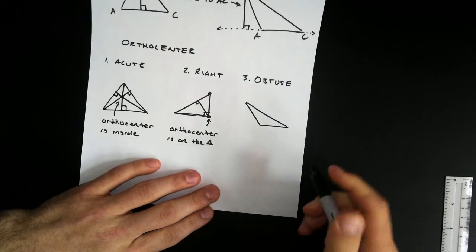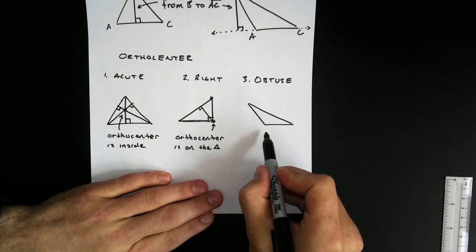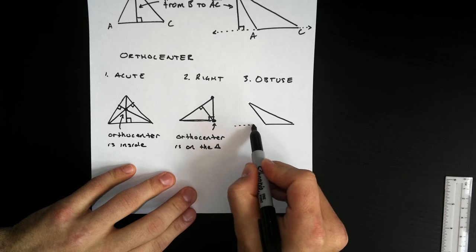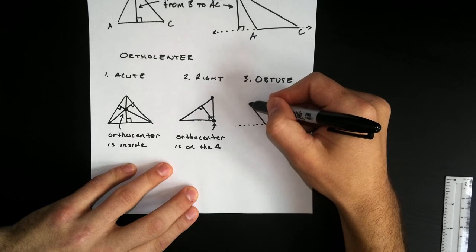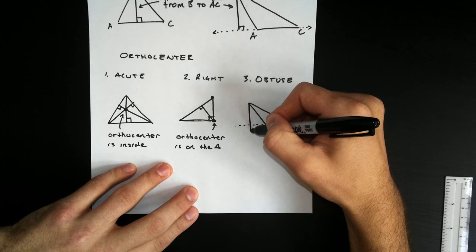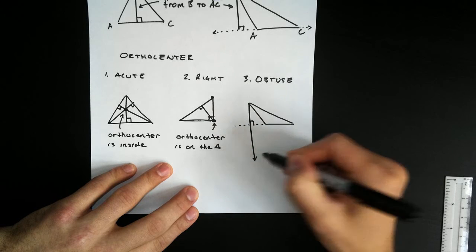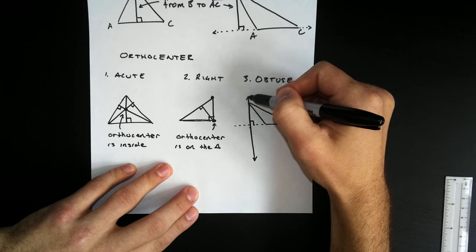Okay, and as we discussed up above, I'm going to think about extending the sides of the triangle so I know where that right angle is going to be. So here, dropping this straight down, making a right angle with that side, I'm actually going to extend it a little bit further, but that's the line that contains the altitude.